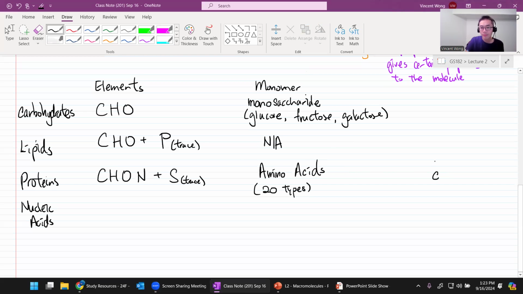There's a C connected to an H. And this is true for all 20 amino acids. And there's a C connected to H. And it will connect to this thing here, C with a double bond O and OH.